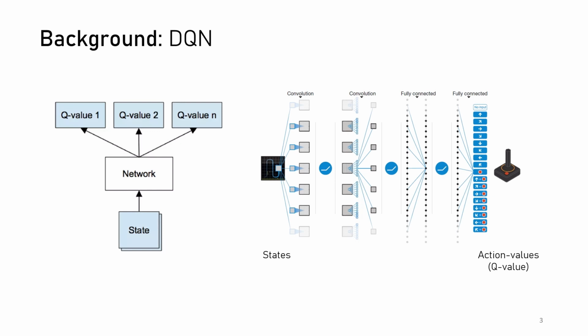For environments involving pixel image input like the Atari games, the DQN network involves convolutional layers. On the right, you can see the proposed network in the DQN paper. In this implementation, there are 3 convolutional layers along with 2 fully connected layers.